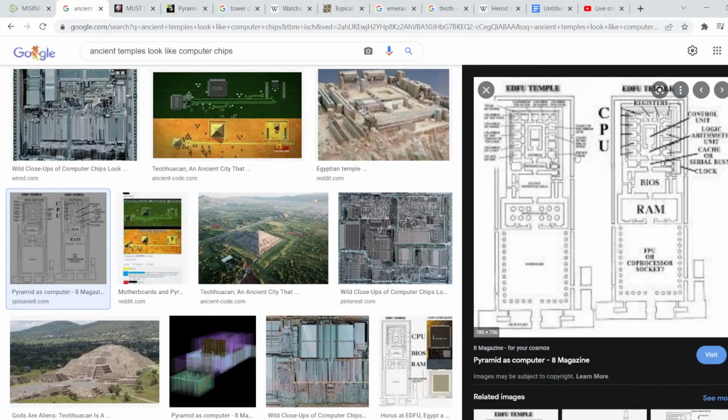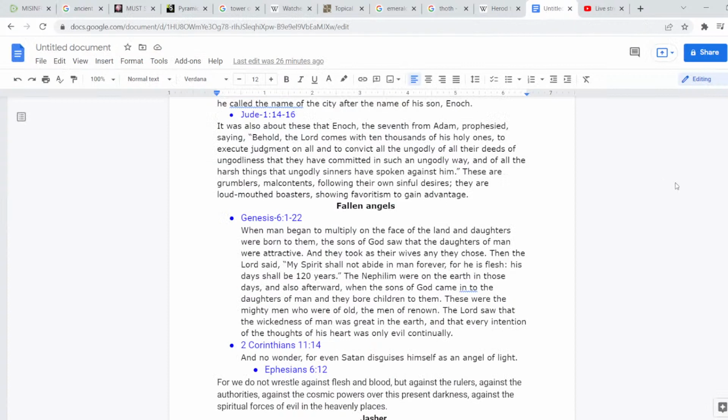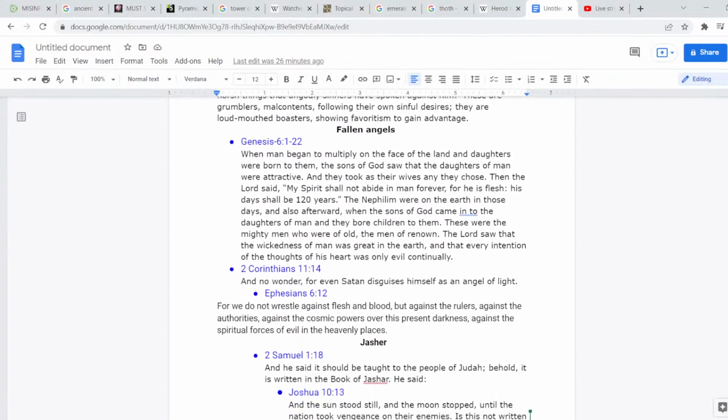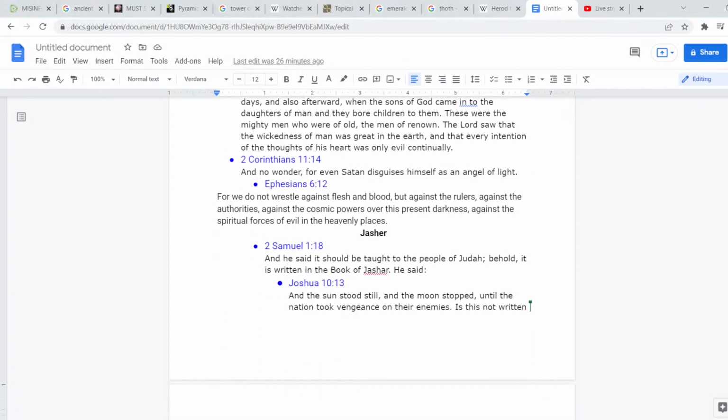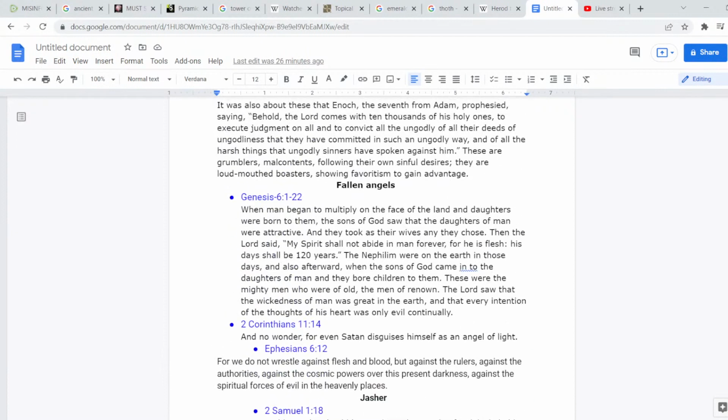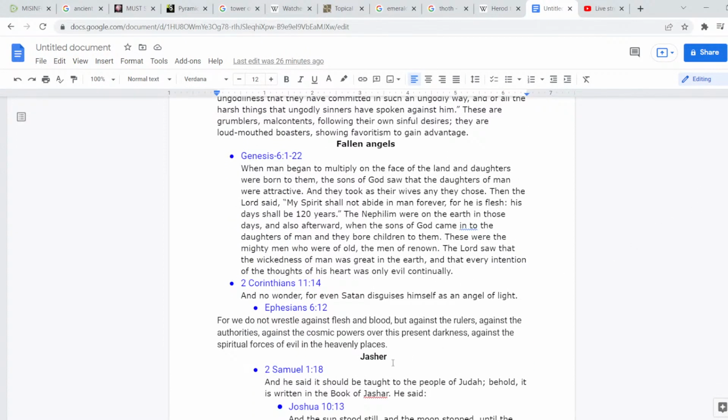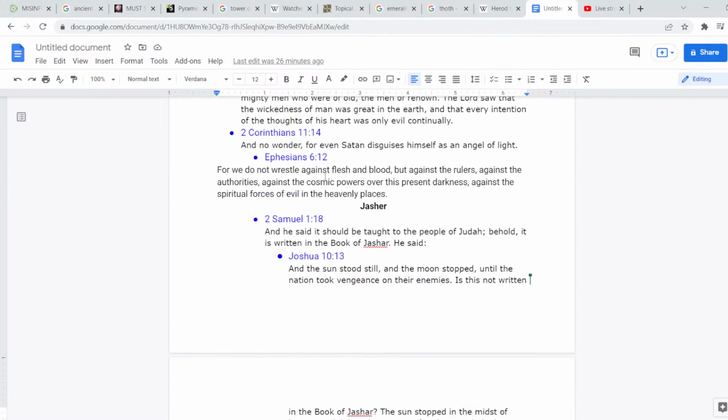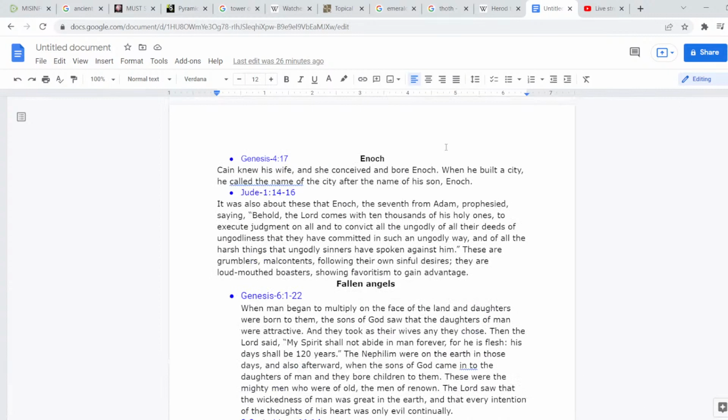This is going to be a big deal because the connection I'm trying to draw between these two is that these angels came down and gave us knowledge we have no clue about. And if you look at other texts that the Bible refers to, the Bible refers to Jasher, the Bible refers to Enoch.